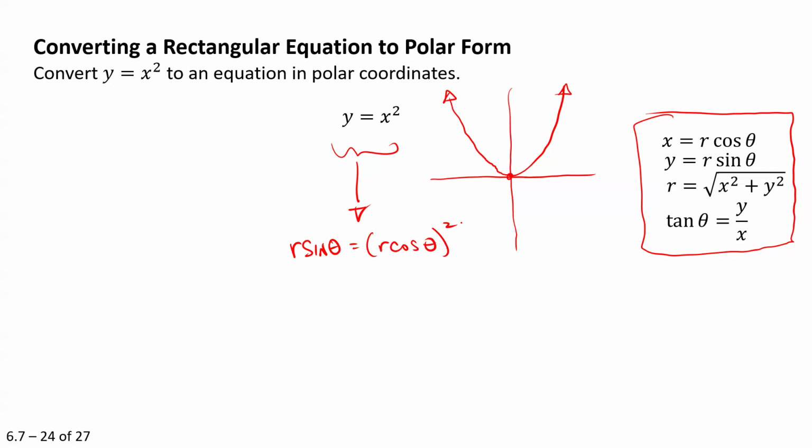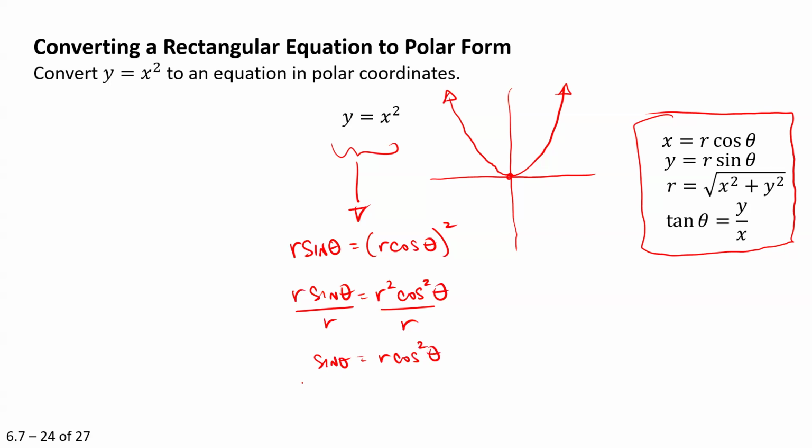And that's going to be squared. Okay, so let me apply this squaring to both of these. And what can I cancel from both sides? So I'll divide by r. I'll just have sine theta over here, and I'll have r cosine squared theta over here.